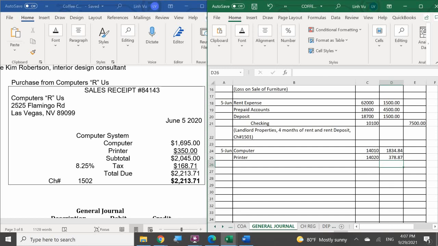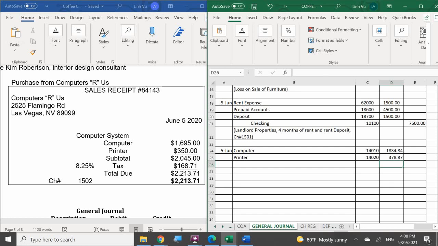Let's add that to your computer's 1834.84. What's your total amount that you are paying? The total for both.